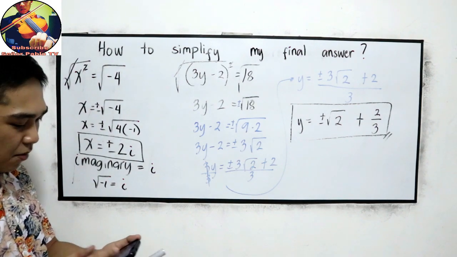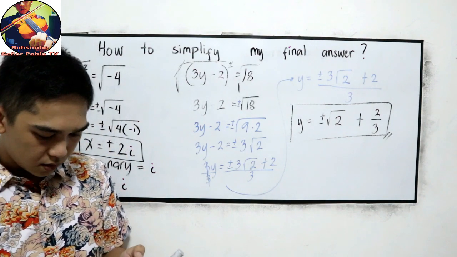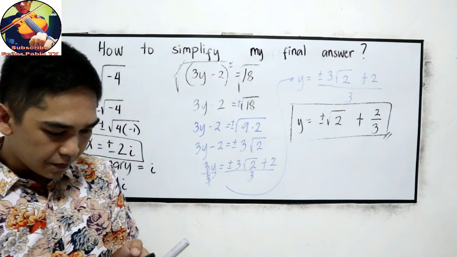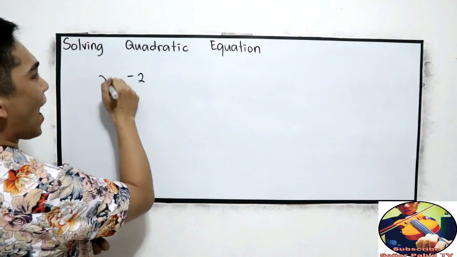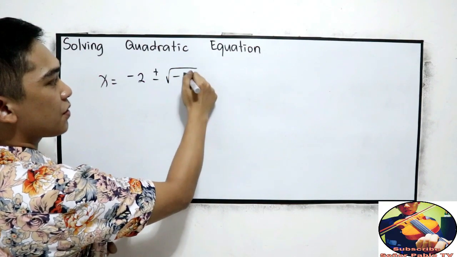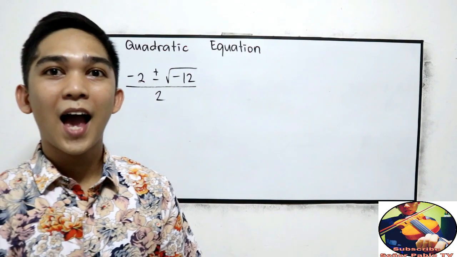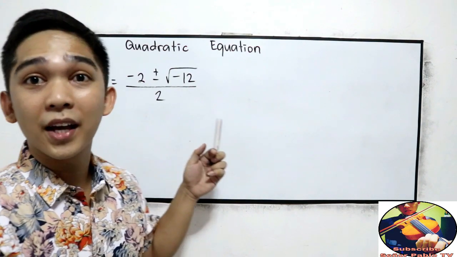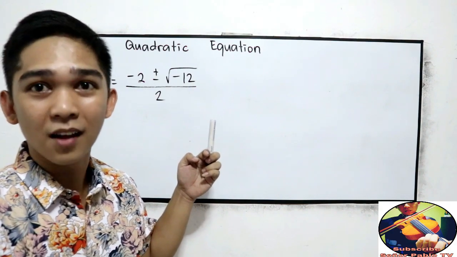Let's have this problem from Sleepy Mango. Say x is equal to -2 positive negative square root of -12, all over 2. I think this is the simplified solution for his quadratic formula.